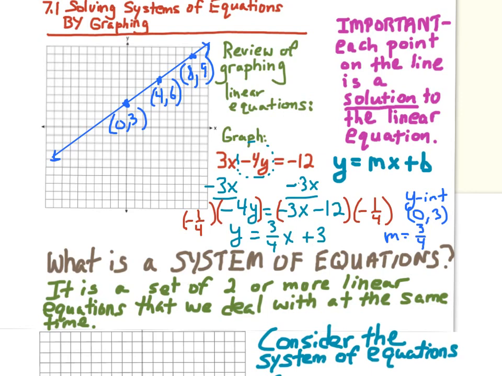For example, if I pick the point (8, 9), 3 times 8 minus 4 times 9 should equal negative 12, and that's 24 minus 36, which does equal negative 12. So every other point on the line should make the equation true, and therefore it's a solution. That's an important point going forward.